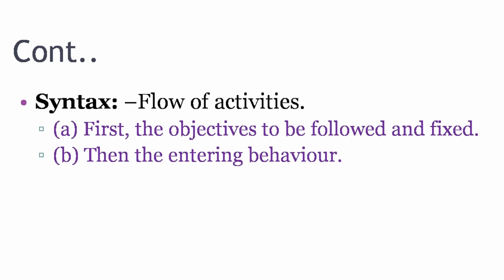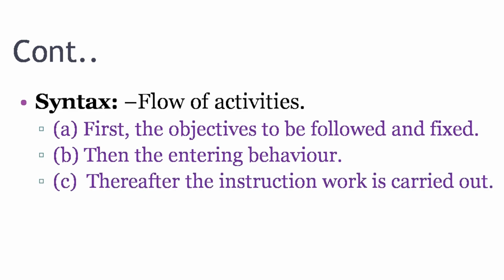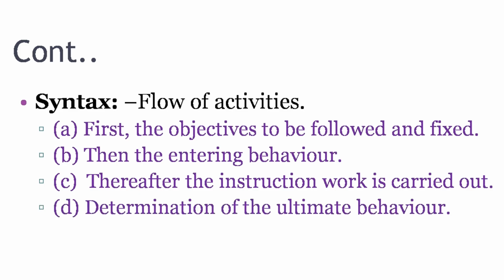Third, the instruction work is carried out to achieve the objectives, keeping in view the entering behavior of the learner. And the ultimate behavior of the learner is determined by using different types of tests, that is, performance assessment.